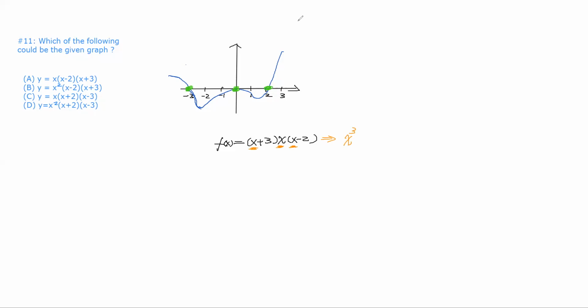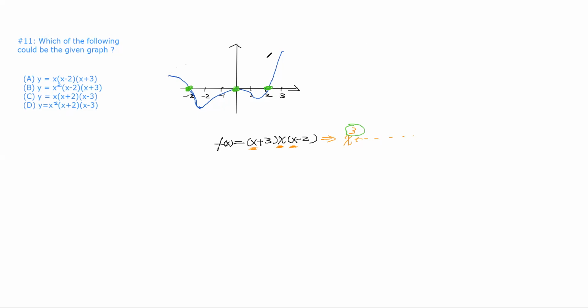But for x cubed, because it's an odd function, I know my graph has one side going up and one side going down, right? I did not FOIL that out, but I know the top term is x cubed. That means one has to go up, one has to go down.